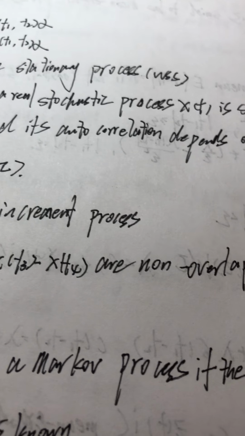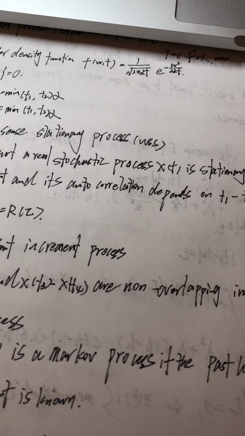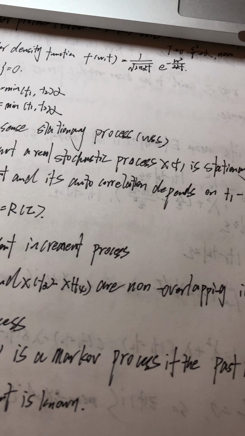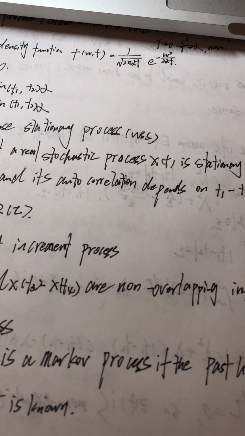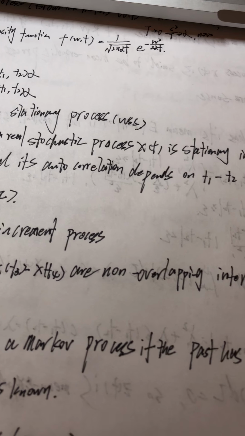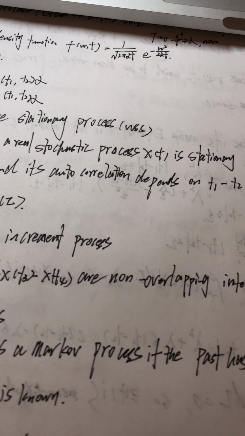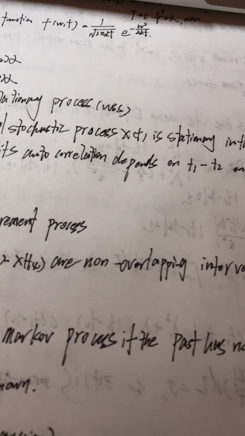means that the expected value, the mean, is constant, and the autocorrelation is a function of the time difference. So based on the mean and the autocorrelation, we can do some state estimation, parameter estimation, and something else.